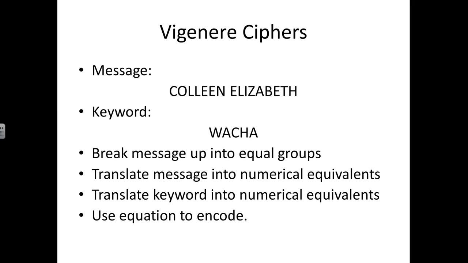My name is not in groups of 5 though, so I have that H is by itself. You can pick any letter to add to the end so that it is in groups of 5.